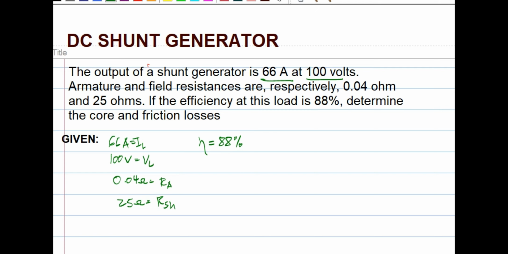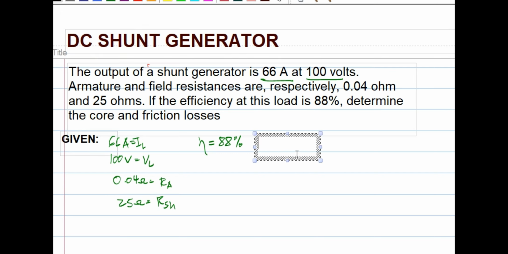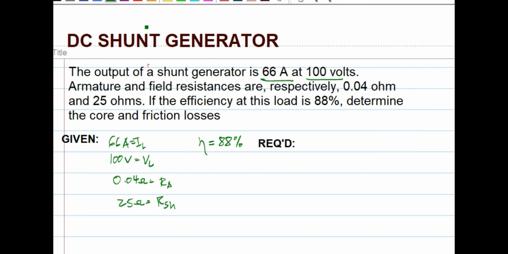what is the stray loss? Determine the core and friction losses. Core and friction losses are the stray losses.